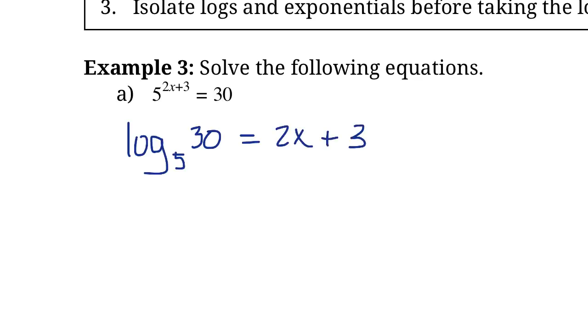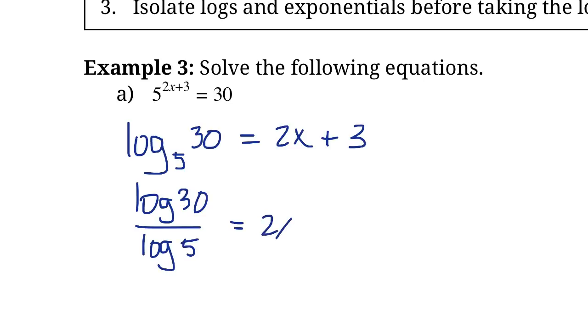So this is actually a problem from the previous lesson, right? We're just able to rewrite that equation as a logarithm. Now, in your calculator, you can either do log base 5 of 30 if your calculator is able to do that, or, because that's not one of our common bases, we can just use change of base to evaluate the left-hand side. So change of base, remember, is just going to be log 30 over log 5, and that's going to equal 2x plus 3.